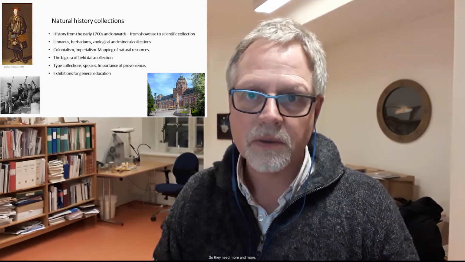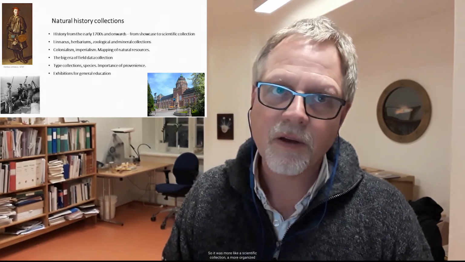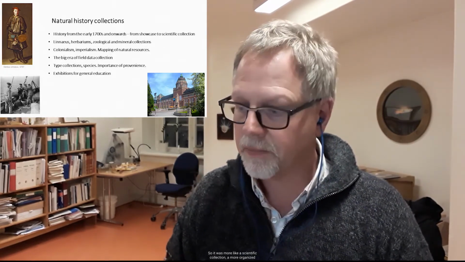In the early 1700s, the Royal Society in Stockholm needed some place to store things, and then Linnaeus, when he was active, was collecting things of all kinds, plants, herbariums, even zoological and mineral collections. So they needed more and more space. It became more like a scientific collection, more organized, gradually.